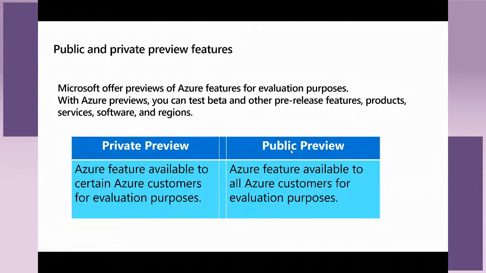In private preview, any new Azure feature that comes up is only made available to certain customers. Okay, we give it to certain customers, they use it, and then we collect feedback. It is then incorporated, and only then is it actually put into production. Certain services go to the public preview.